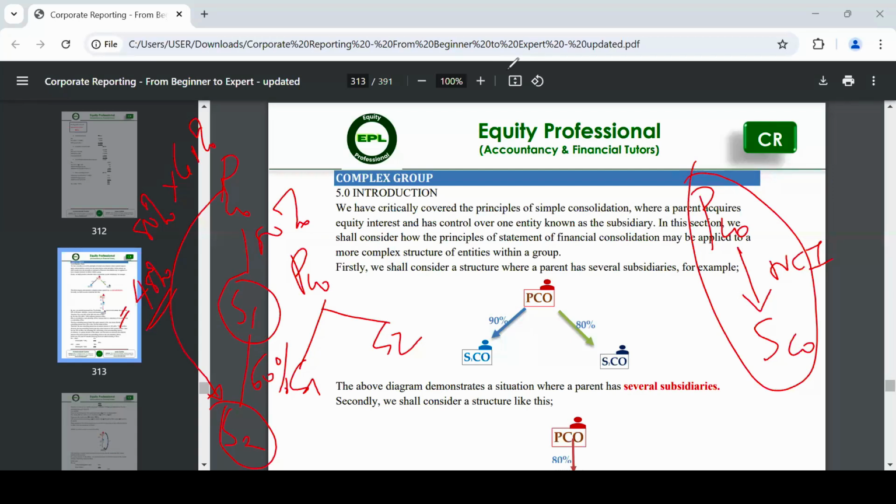So in this scenario, the question was, why did we go ahead and still consolidate? It's simple.